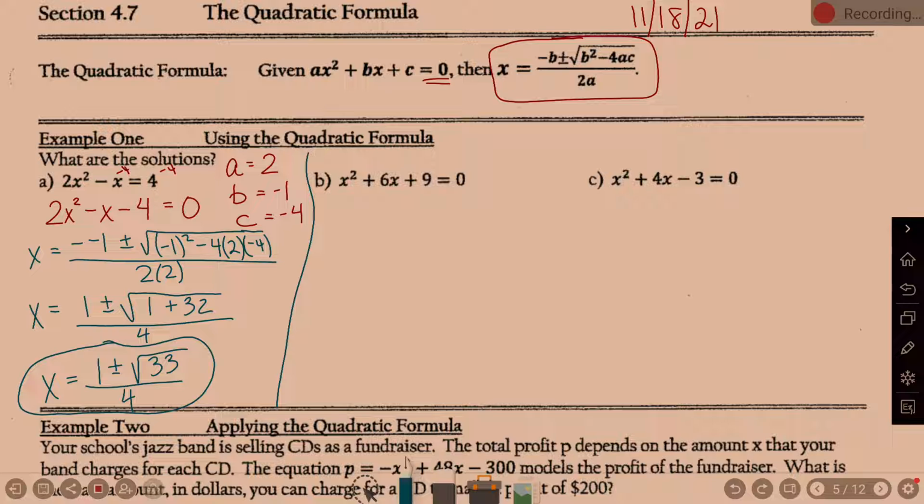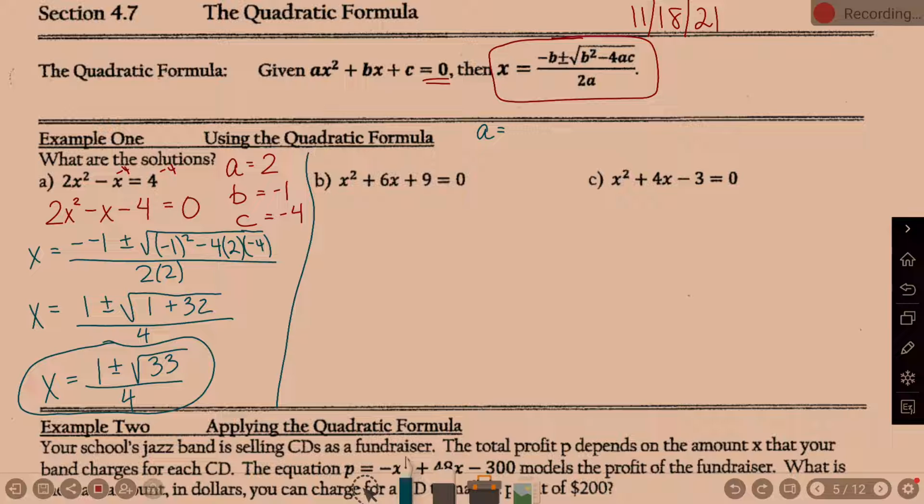So, okay, x squared plus 6x plus 9 equals 0. What's that first question I've got to ask myself? Does it equal 0? Yes. Okay, it equals 0. That's a good sign. I would like to go ahead and identify my ABCs. And I get it. Most of you probably aren't going to write your ABCs down. I don't care.